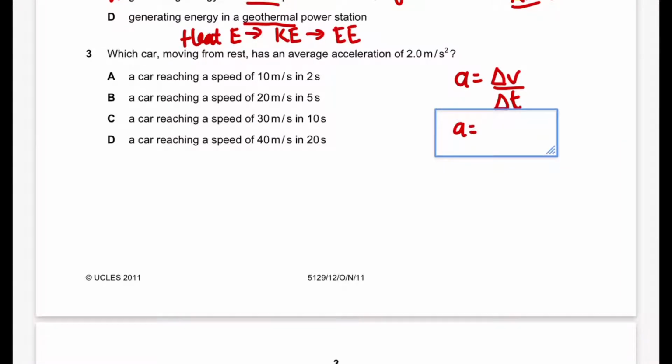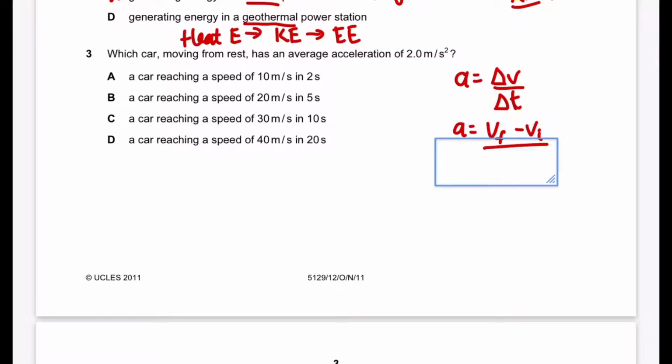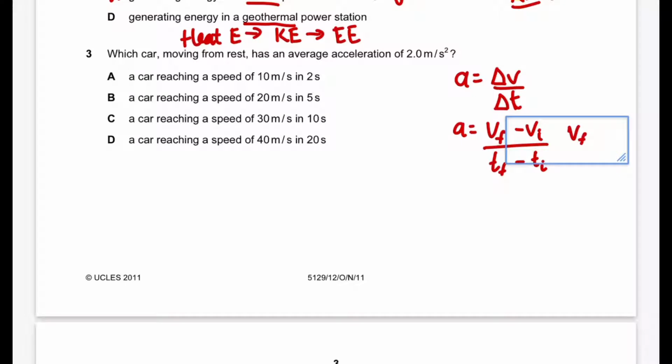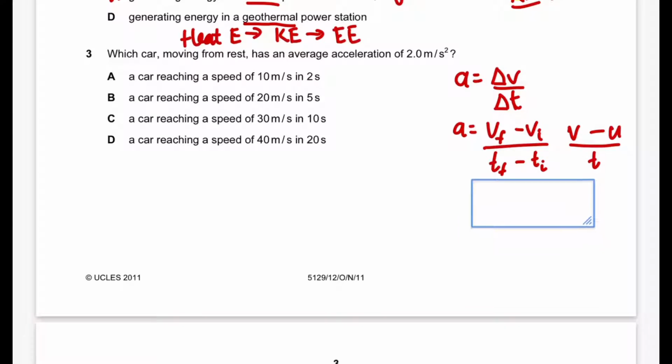A is equal to V final minus V initial divided by T final minus T initial, or sometimes some schools use V minus U divided by T, which is simpler, but whichever you prefer. So the initial here, as I mentioned before, U is equal to 0, T initial is equal to 0.